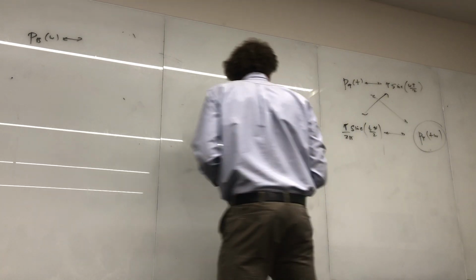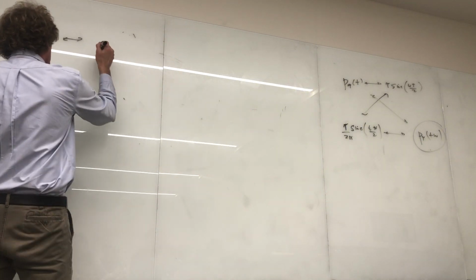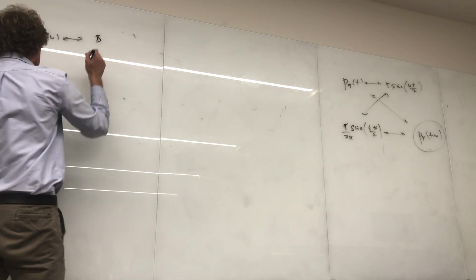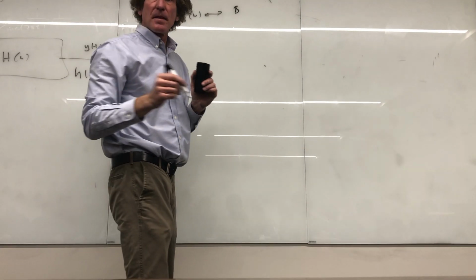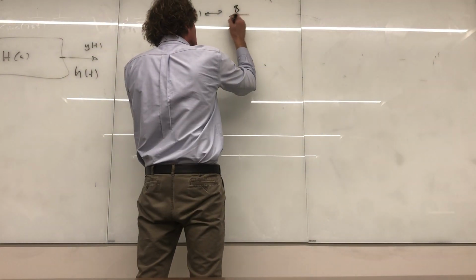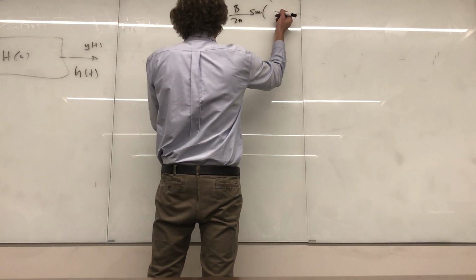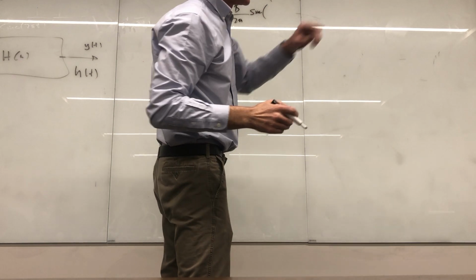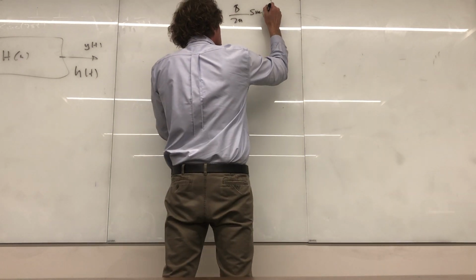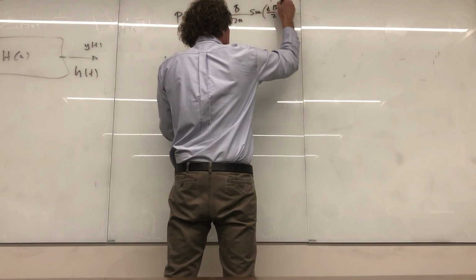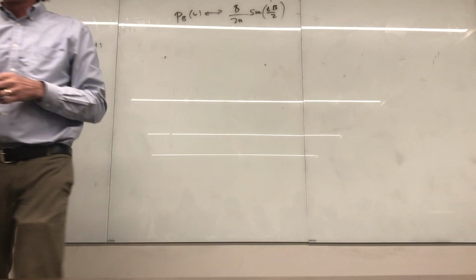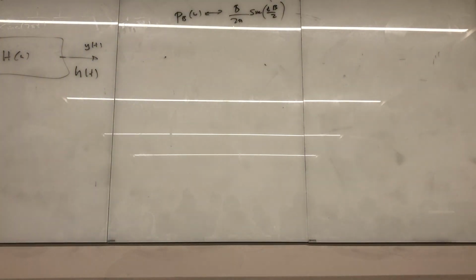So that means it goes to tau over 2 pi. Tau is B, isn't it? Correct? Divided by 2 pi times the sinc of, now it's t times B over 2. You all see what I'm doing here? I'm simply replacing the tau with B, correct?